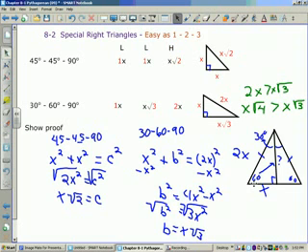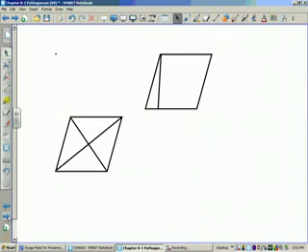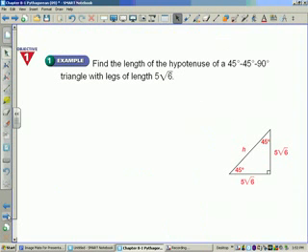Examples, how we're going to use these. First job, when you have an example, you need to stop and write down the ratios. If they have an x for a variable, don't use x. They don't have an x, so I'm going to write this side as x, this is x, and this is x times the square root of 2.